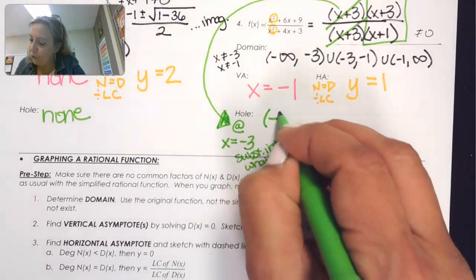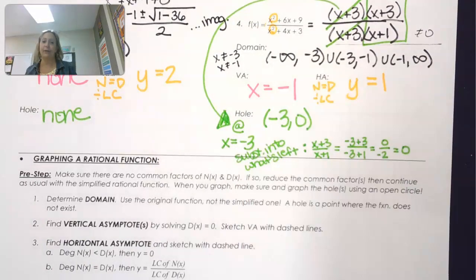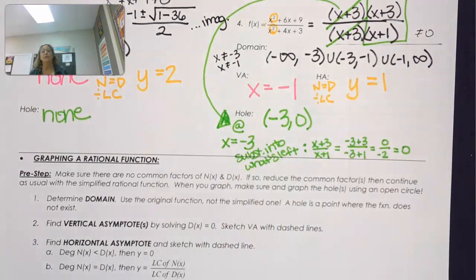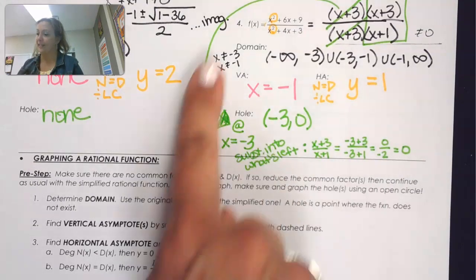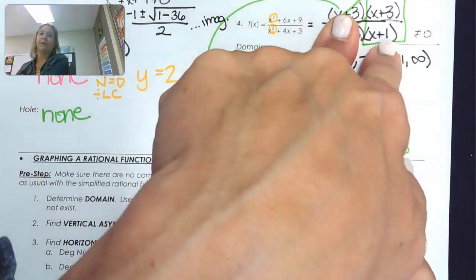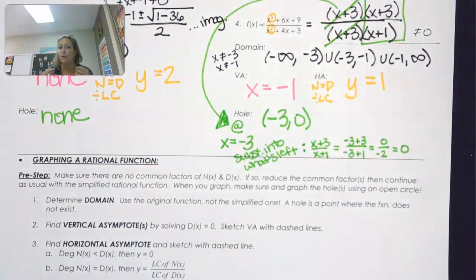So we're going to have a hole at (-3, 0). So again, a hole occurs when you have a common factor in the numerator and the denominator. And what we do is substitute that into what's left after you cancel that out to find the location of that hole.